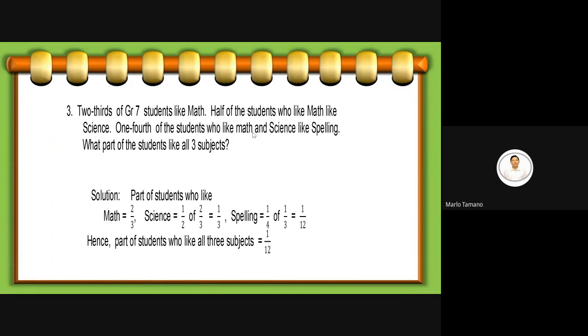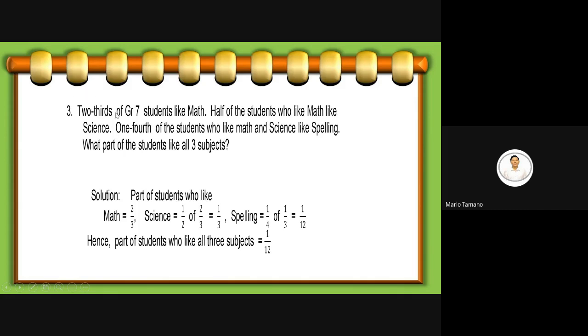Tandaan niyo yung sinabi niyo, 2/3 of the grade 7 students like math. We do not know the number of students. Tapos, dinagdagan pa dito, half of the students who like math like science.